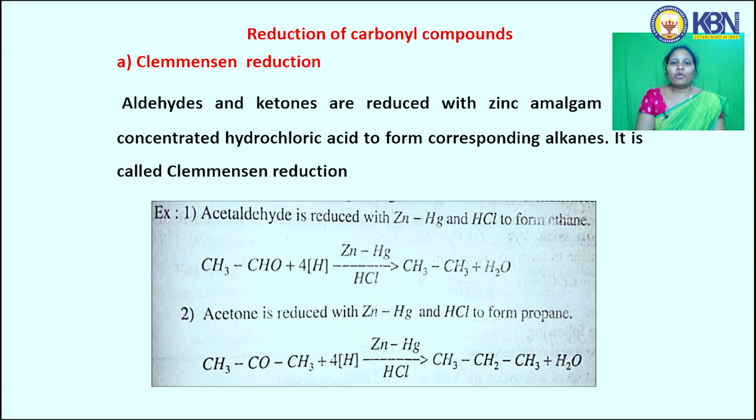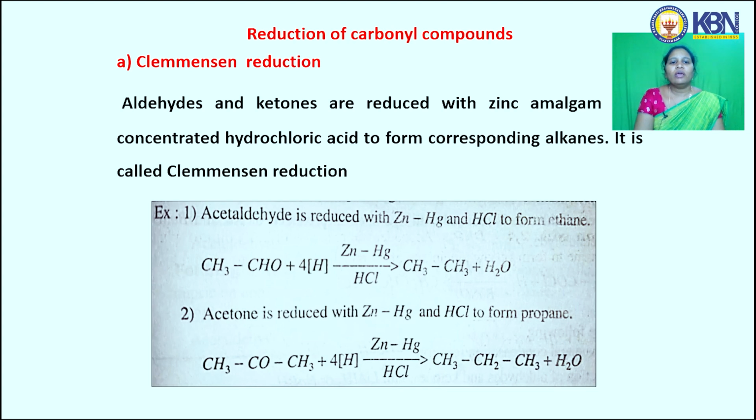The second property of the carbonyl compounds is that they participate in reduction reactions. One of the most common reactions is Clemmensen reduction. Aldehydes and ketones are reduced with zinc amalgam in presence of concentrated hydrochloric acid to form the corresponding alkanes.